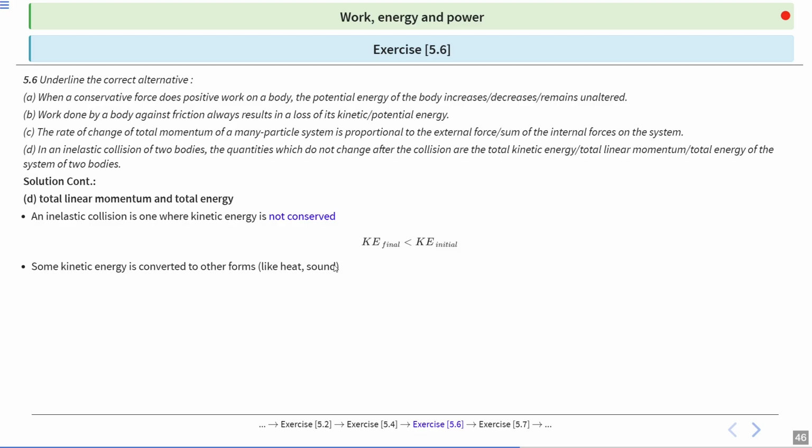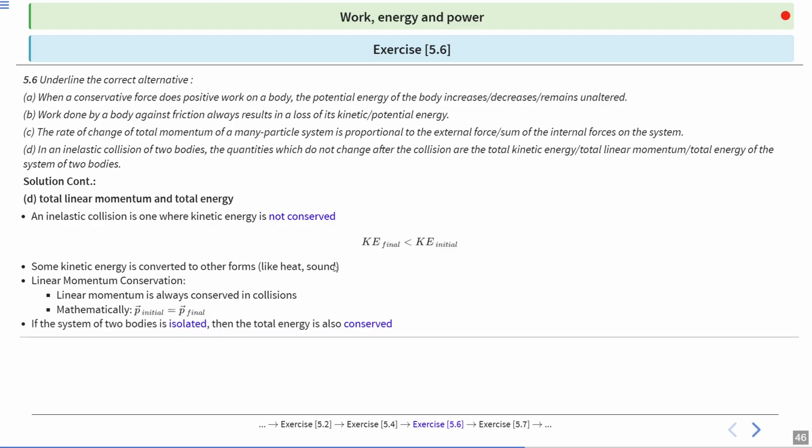Due to this conversion, initial kinetic energy is greater than final kinetic energy. Linear momentum is always conserved in collisions, so initial momentum is equal to final momentum. If the system of the two bodies is isolated, then the total energy is also conserved.